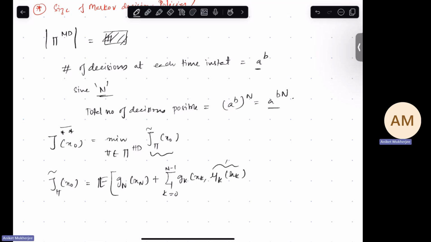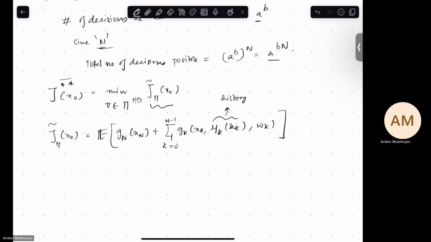Now your action depends on the history, the whole history that you have with you till that point k. Here your hk is your history at time k, and you know that history, the whole history, that is x0, mu0, the strategy that you have applied at 0, x1, mu1, and so on.